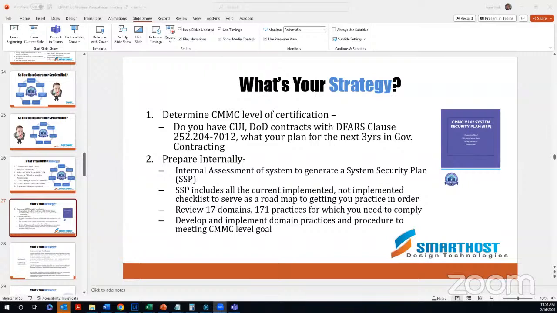Here in-house, we have the SmartHost Cyber Shield compliance package. I'm just going to mention two dimensions of this compliance level that people need to be aware of. The first has to do with implementation. When you talk about implementing CMMC controls, from level 1 up to level 3, there are important tools that you need.